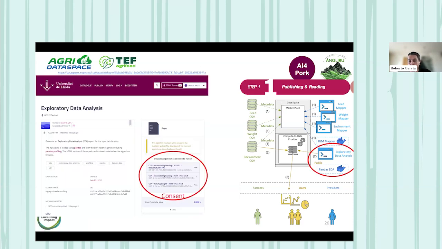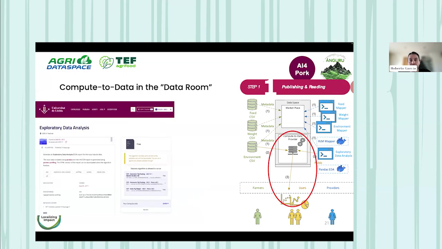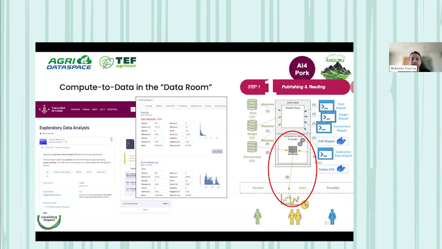To do that, you have to consent, as we have seen, and you are always in control. You can only see the algorithms that you can apply because you have previously consented that they can be applied over your data. So you can run, in this case, an exploratory data analysis algorithm that is just generating for us, okay, let me see. It appears now. It's generating a report about the shape of the data, but without giving you a copy of the actual data.